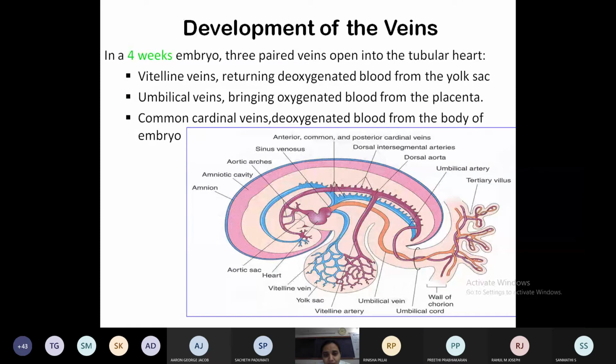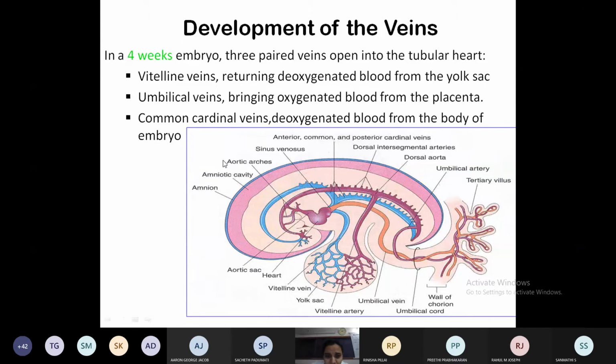I'll continue with the cardinal veins, the other veins. There are three pairs of veins which open at the floor of the sinus venosus. Vitelline veins carry the deoxygenated blood from the yolk sac, that is the developing gut. Umbilical veins bring oxygenated blood from the placenta.